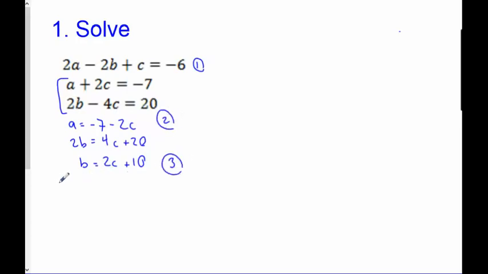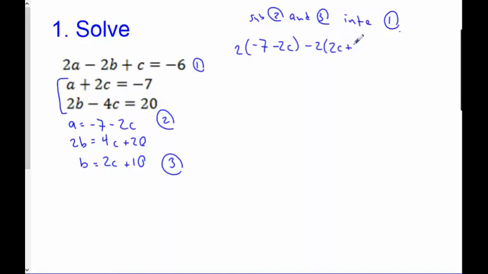And I'm going to sub 2 and 3 into equation 1. So that will look like minus 2c plus 10. Right, so wherever there was an a, I subbed in -7 minus 2c, and where there was a b, I subbed in 2c plus 10.